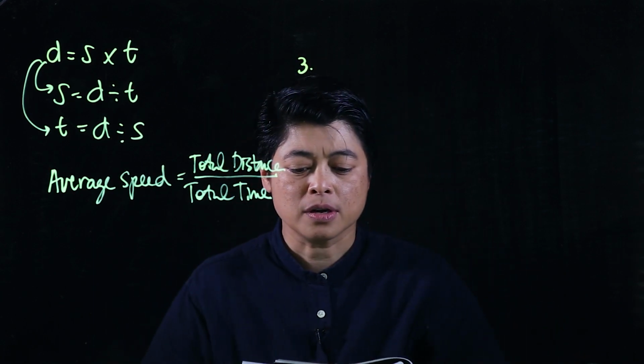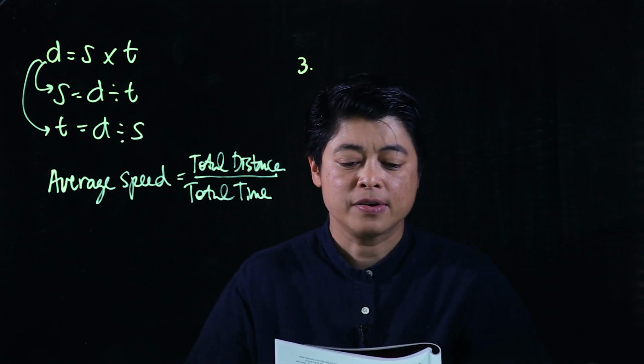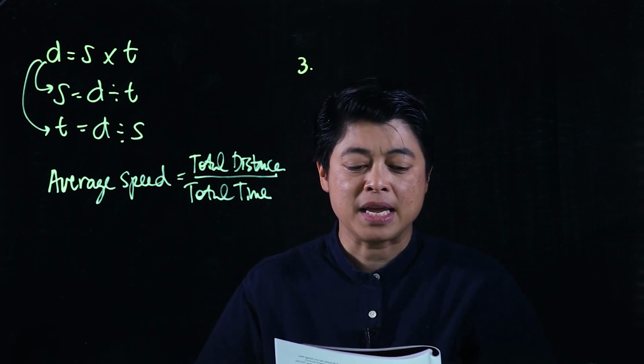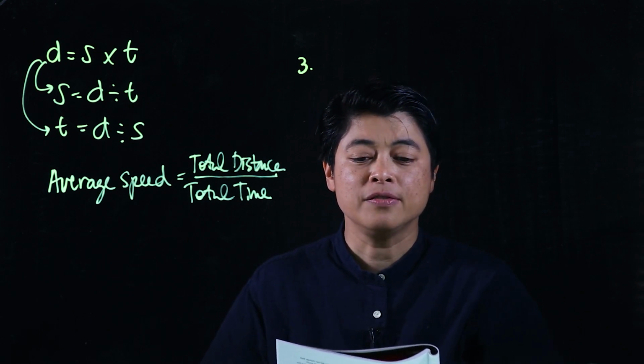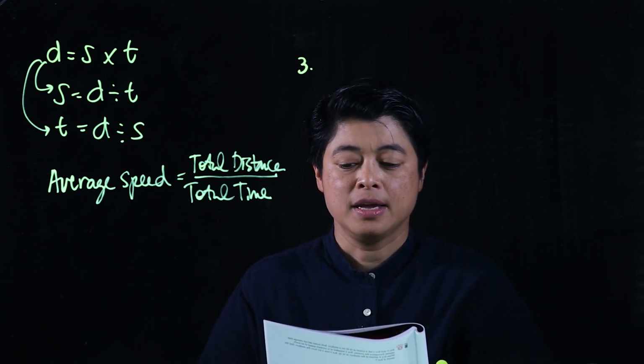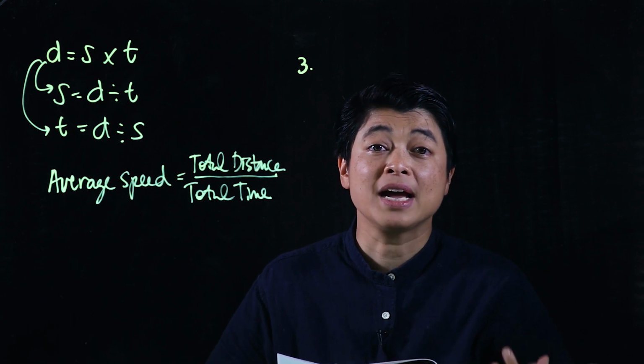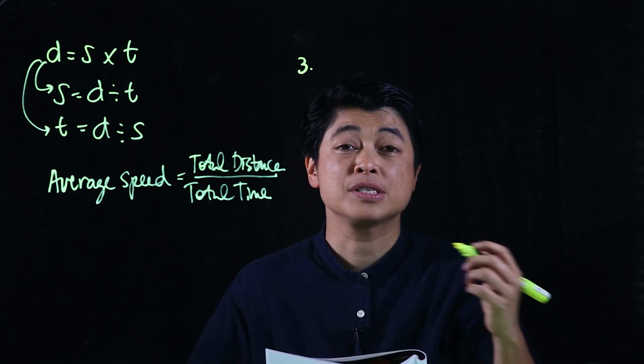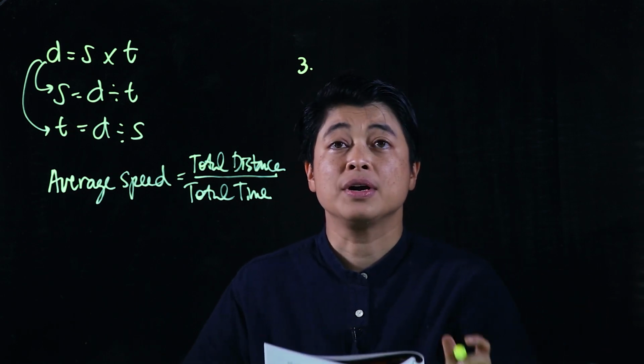Mr. Omar took 4 hours to drive from town A to town B at an average speed of 50 kilometers per hour. The book has a drawing with blanks that we're supposed to fill in, so we will go ahead and do that.